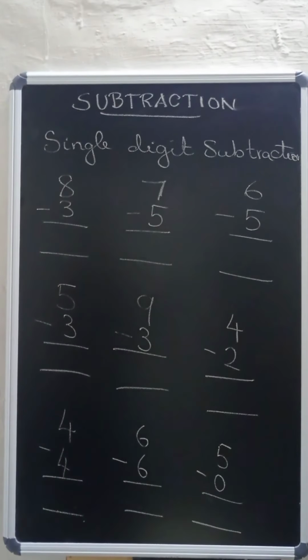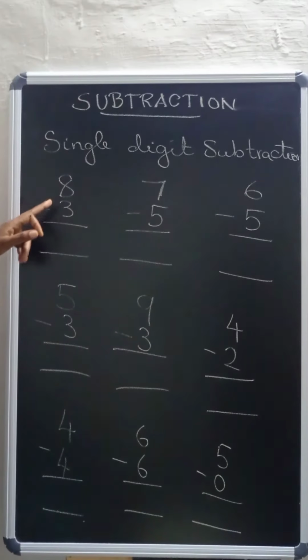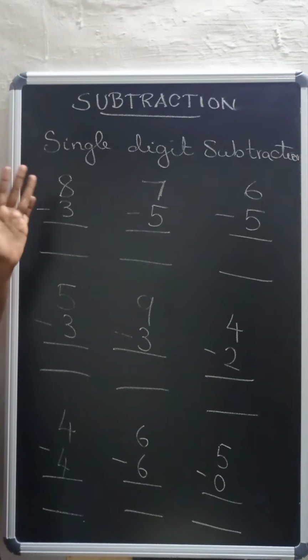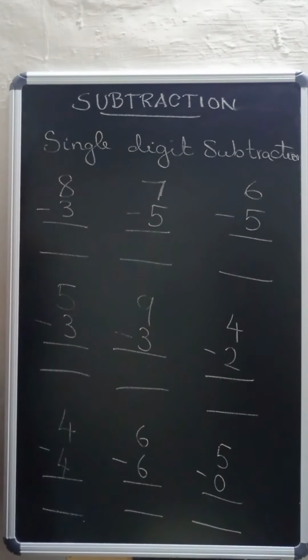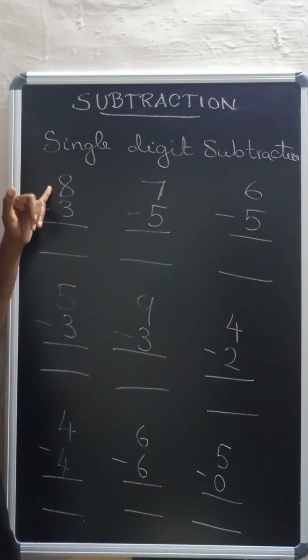Now we will see how to do single digit subtraction. First sum, 8 minus 3. Now see, when you are adding, you will keep one number in the mind and the other number in your finger and you will start counting. Here you are going to keep one number in the mind and count till the next number.